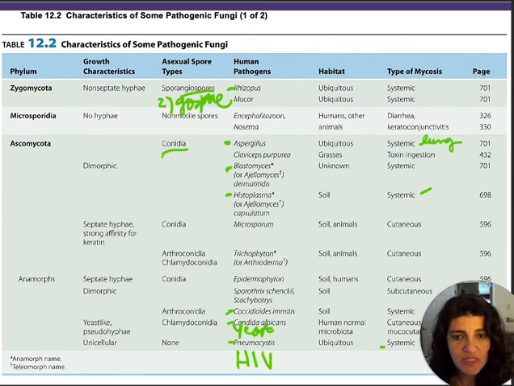Because the immune system is weak and this fungus that could be present in the microbiota of your body can overgrow and take over the lung and cause pneumonia. This fungus looks a little similar to a protozoa by the way that it grows because it forms cysts. So sometimes in the past they used to be confused with protozoa.